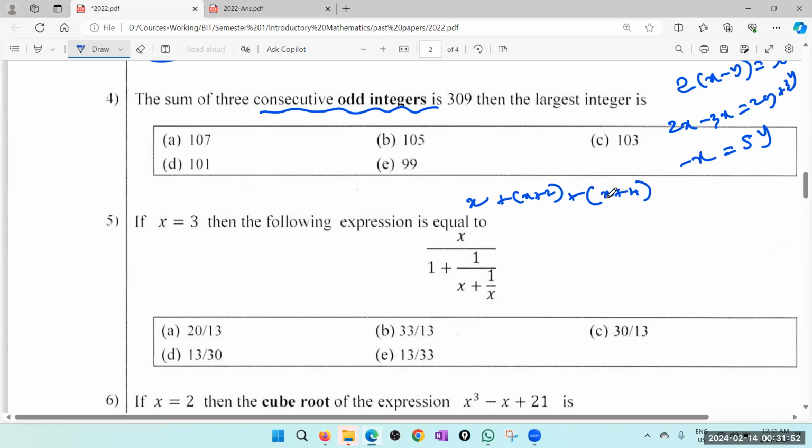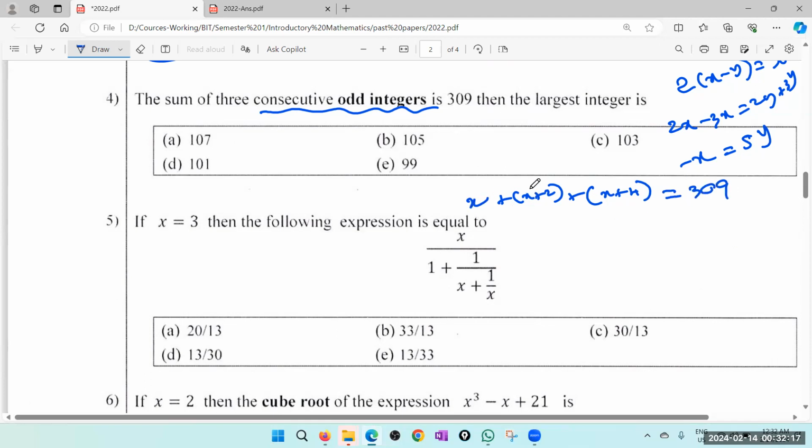Or I can say if it is a, this is a plus 2, this is a plus 2 times 2. Okay, it's an arithmetic sequence. So it is 309. So therefore, I can straight away write 309 also, right?